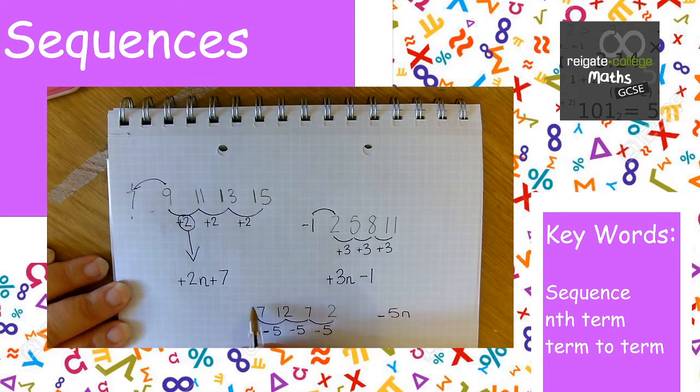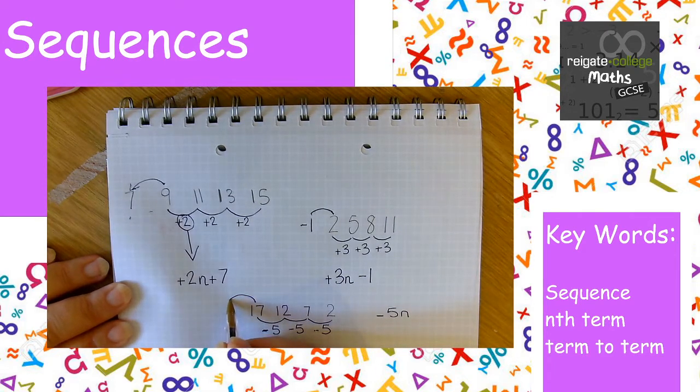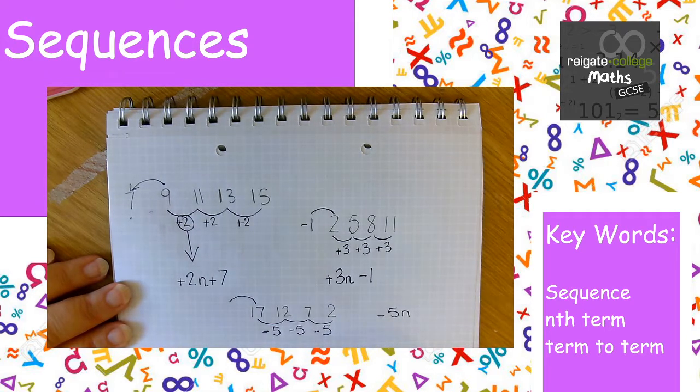I still do the jumping back. If 17 wasn't the first number in my sequence, this time I'd have to add 5 to find it. It's got to be greater than 17. 17 add 5 is a positive 22.